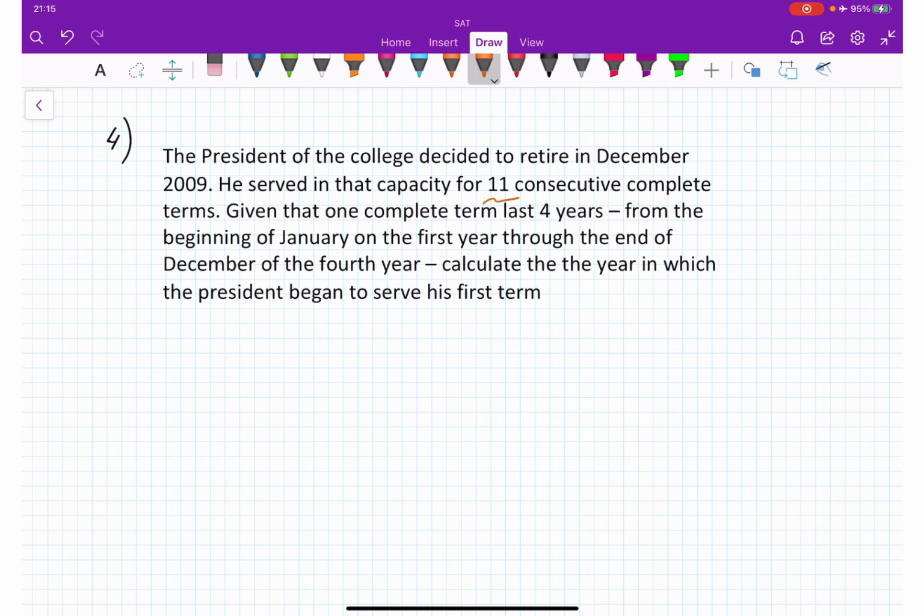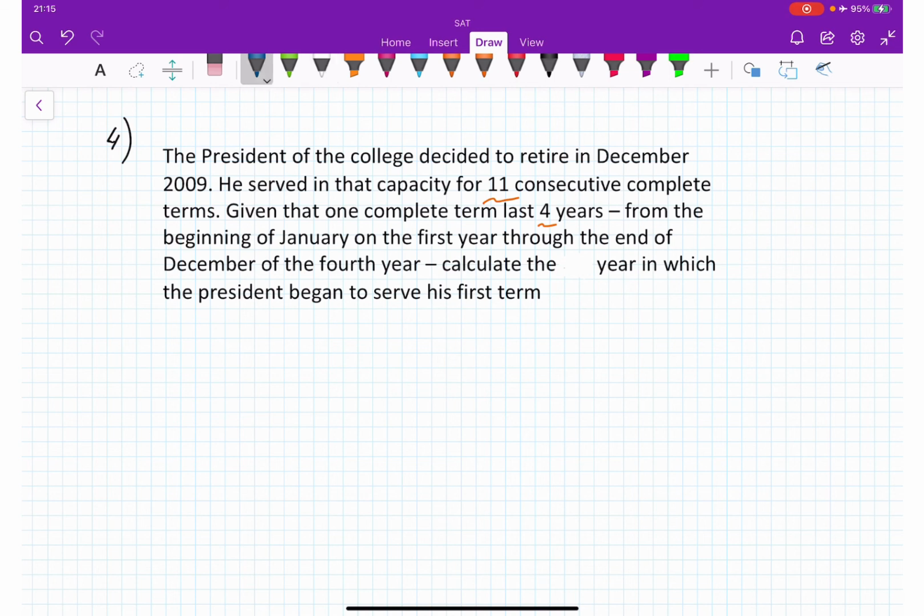Given that one complete term lasts 4 years, from the beginning of January in the first year through the end of December of the fourth year, calculate the year in which the president began to serve his first term.